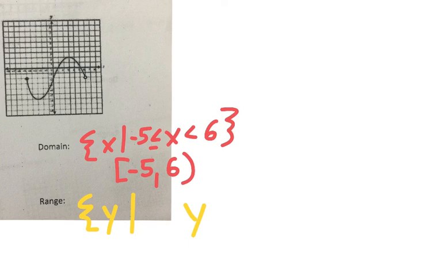Is -6 included? It is. It's filled in at -6. The line touches it. So it's included. Now what's the highest y value the graph takes on? It would be right here. That's included at 2. 2 is also included. So we could say it's between -6 up to 2.